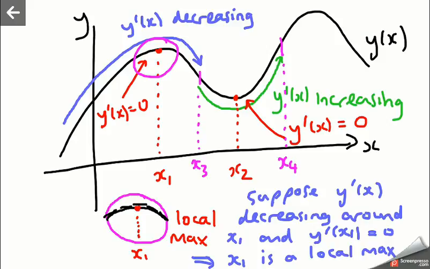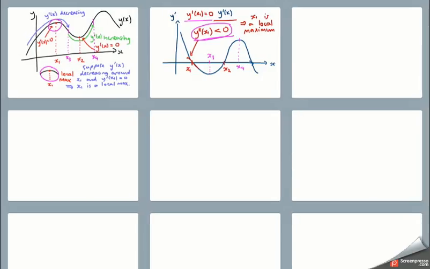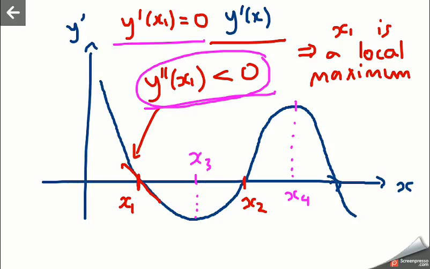Well, that must mean that we have a kind of an upwards hill until we reach x1 at the top. And that means that x1 is a local maximum.